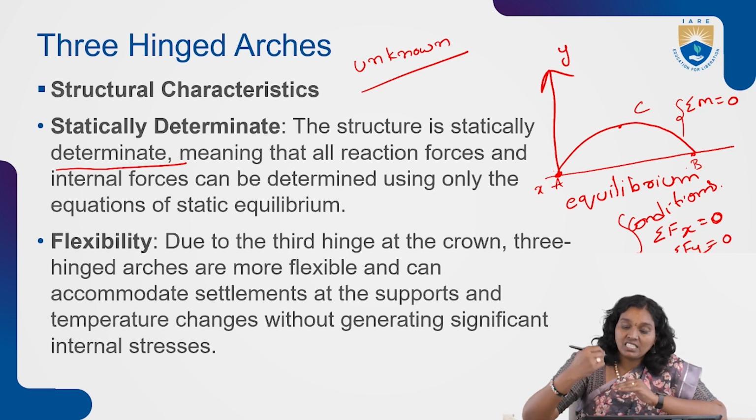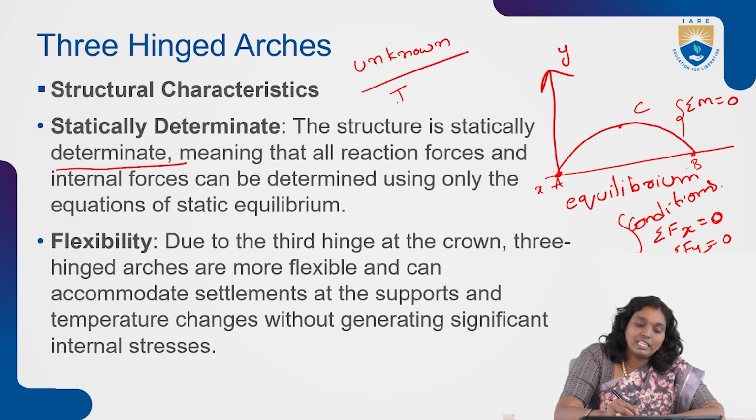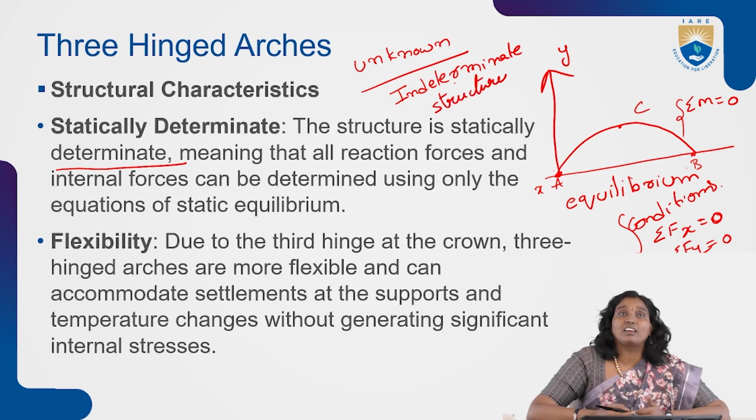Once these 3 equilibrium conditions are not enough for finding the unknowns which are present in that particular structural element, such type is known as indeterminate structures. Additional equations are required.